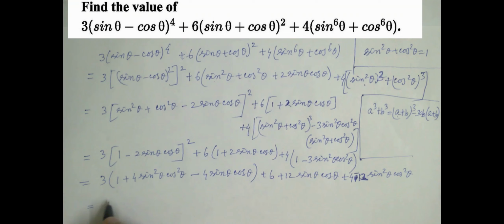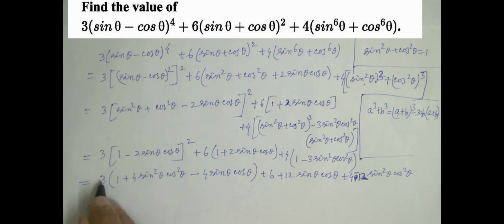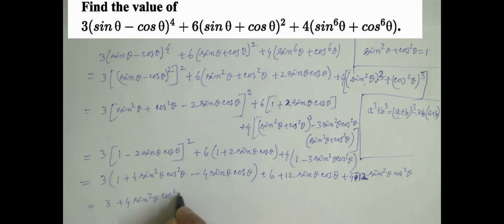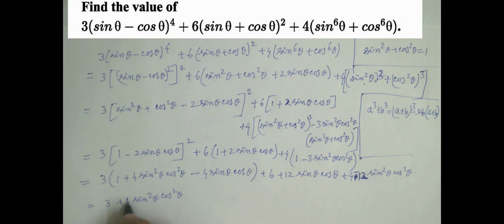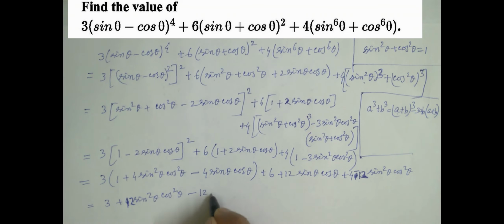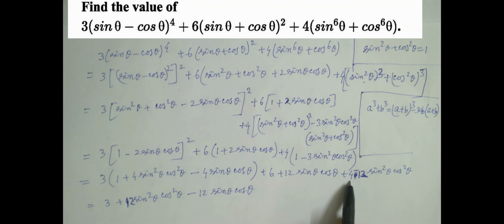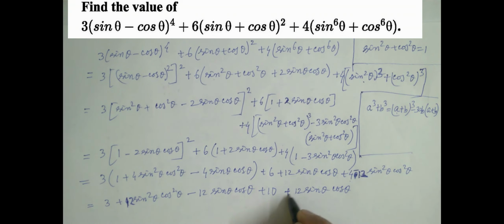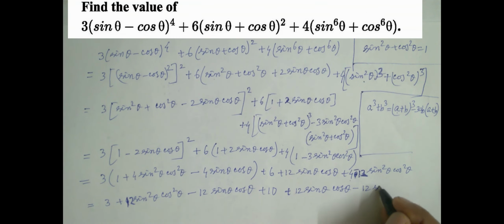So now multiplying or opening the brackets: 3 into 4 plus 4, 3 into 4 is 12, minus 3 into 4 is 12, plus 6 plus 4 is 10, plus 12 sin θ cos θ, minus 12 sin² θ cos² θ.